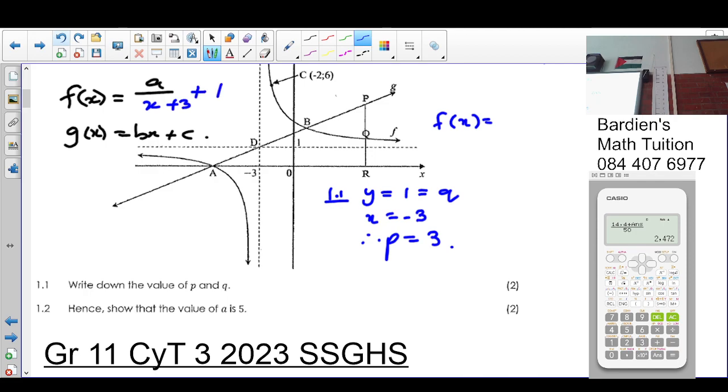So we check: is the horizontal asymptote y is equal to 1? Yes. Is the vertical asymptote x equal to minus 3? So one mark on each. Please check if they mismarked. Hopefully you guys can get the extra marks here if we have mismarked.